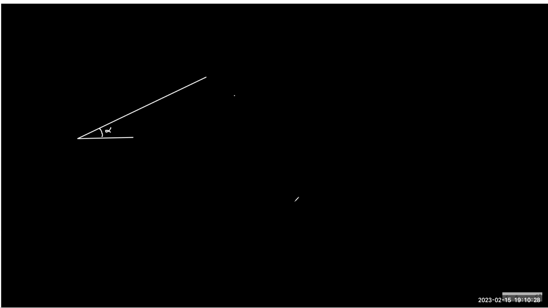So we have a rough inclined plane, and it is at rest.